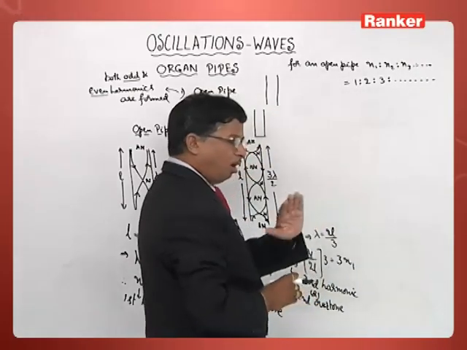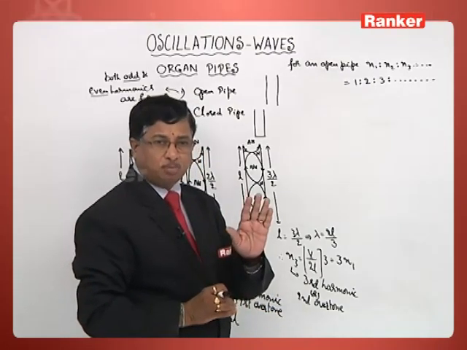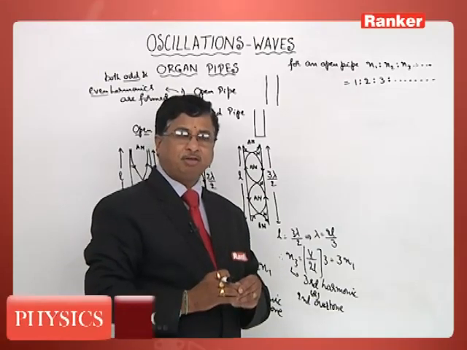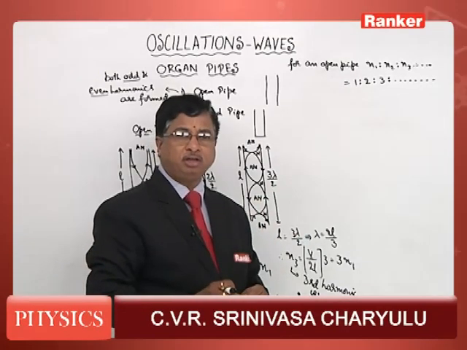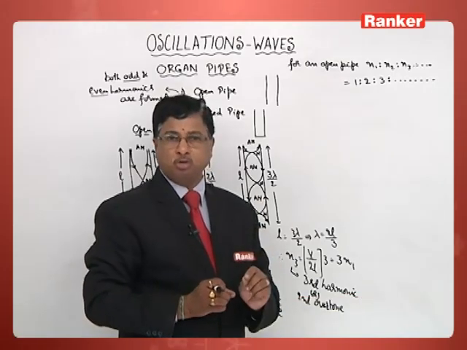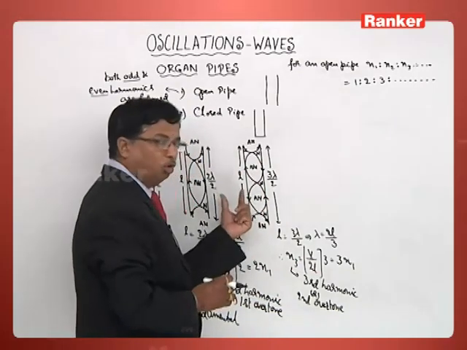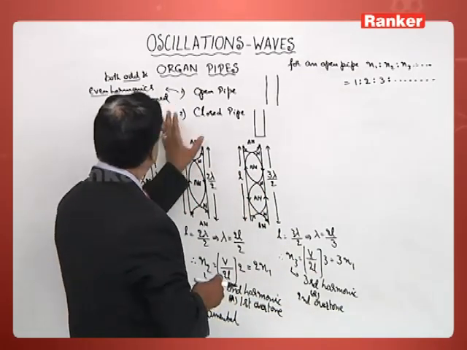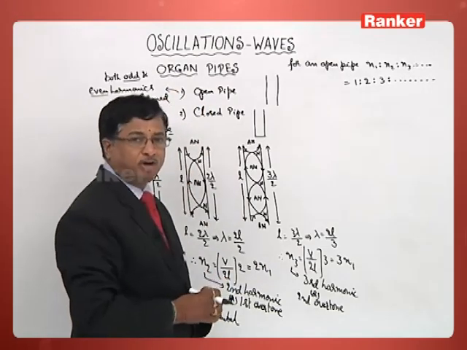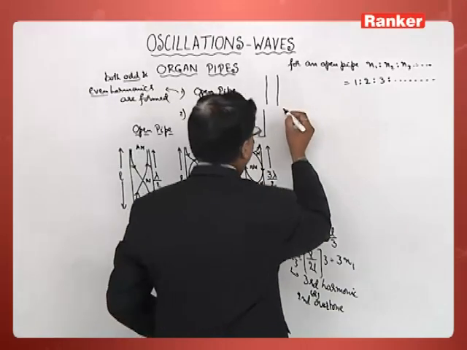That means all the harmonics, there is no such harmonic which is going to be missed out from the system. Right from 1 to infinity, all odd as well as even numbered harmonics are possible in the case of both sides open pipe. So this is the first kind of pipe, and how the harmonics are being formed we just have checked now. Let us take the second one now.